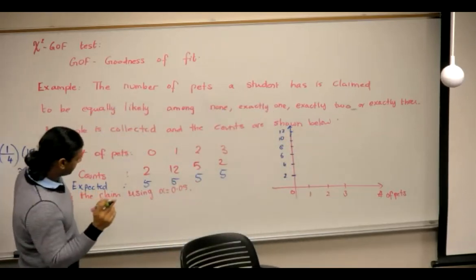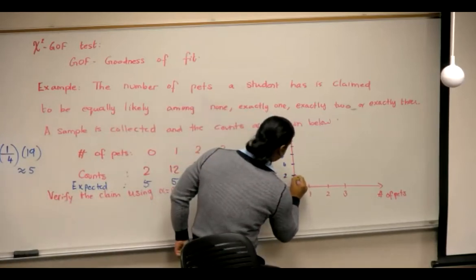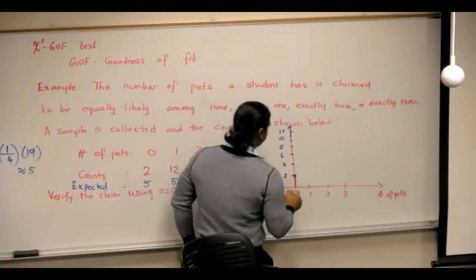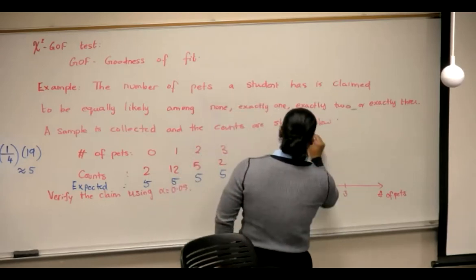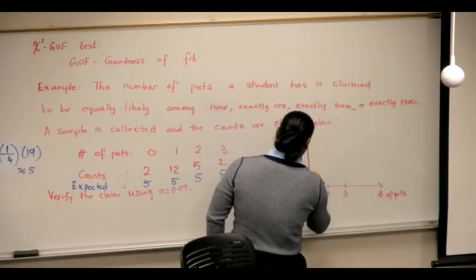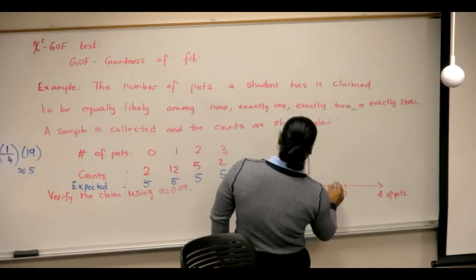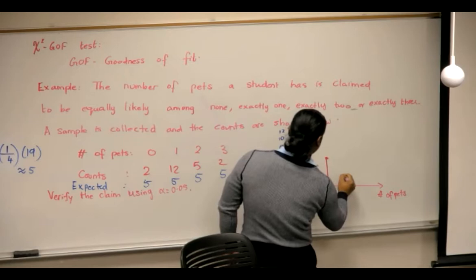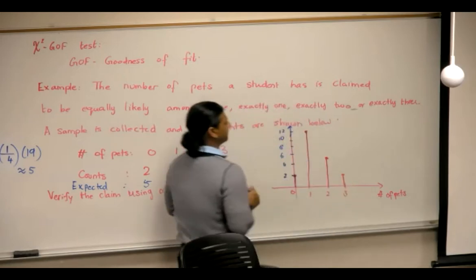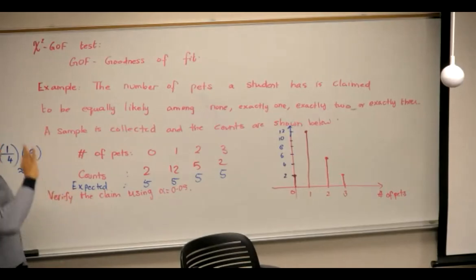In red, I'm going to draw the observed distribution. So 2, 12, 5, 2. That's what it looks like based on the data. What is our null?